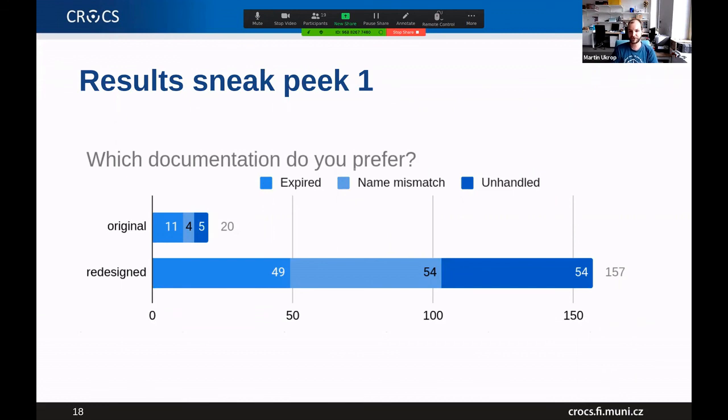But as you see from the graph, it seems that roughly the same ratio of people in all 3 types of the documentation preferred ours to the original. So in this respect, and this was replicated in other results as well, the 3 errors behaved rather similarly. So we dare say that the results generalize quite a bit over many, if not all, of the errors.